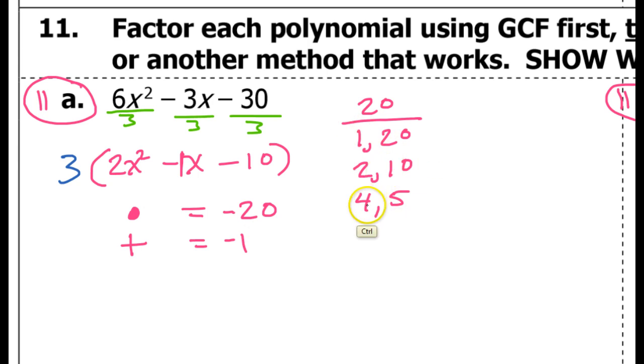Which of these pairs can make a negative 1 by addition if we choose the signs right? Well, 4 and 5. To make negative 1, we need a positive 4 and a negative 5. That would make negative 1. So if we do a positive 4 and a negative 5, multiplication, okay, that's negative 20, which is what we wanted. So these are the numbers that we're going to use.